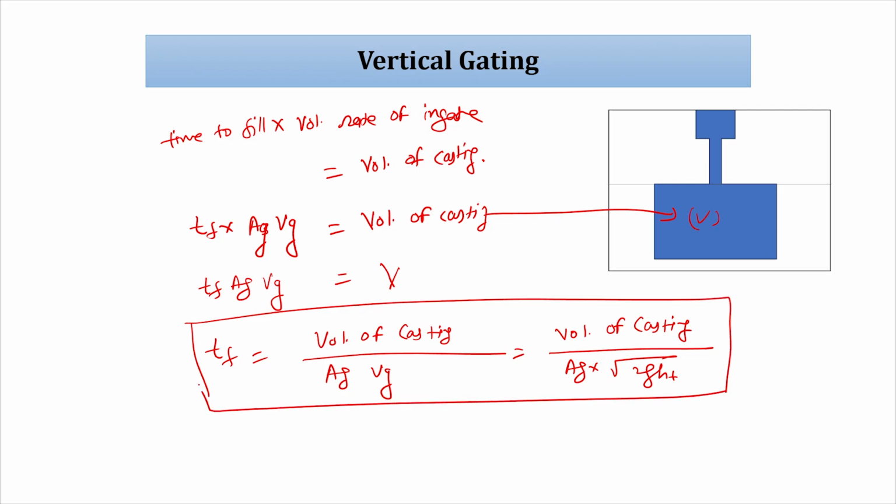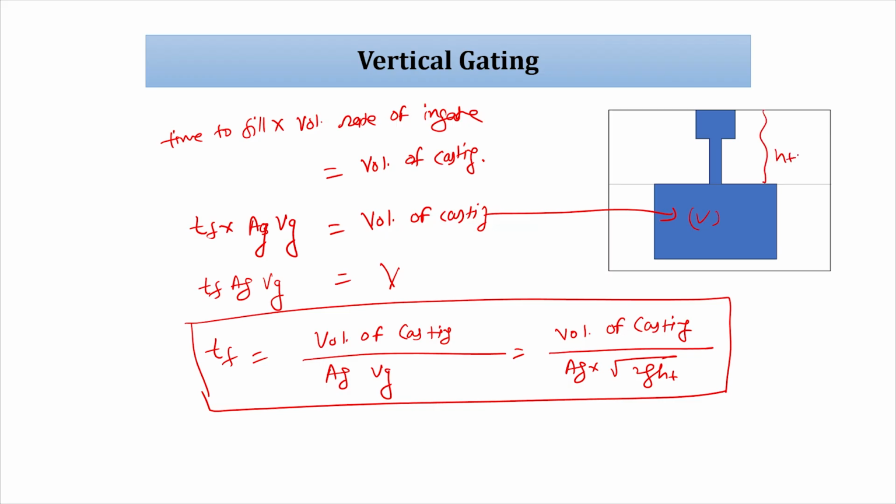So Tf, the filling time, will be given by volume of casting, which is already known because you have already designed how much volume you have to cast, divided by Ag, the ingate area, which is also known, divided by root under 2g HT. What is HT?